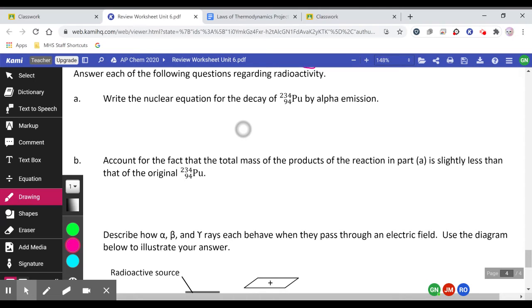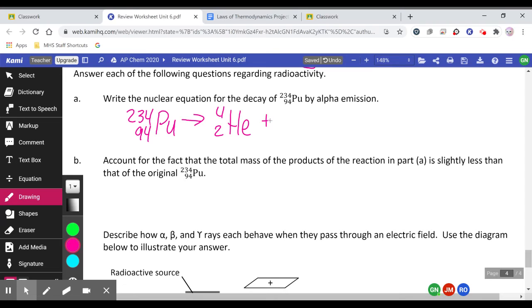Okay, so we're going to start with our isotope here, our 234. Pu is our chemical symbol. Atomic number is a 94. And we are undergoing alpha emission. We want to show that with our helium nucleus. I'm going to write that first this time.